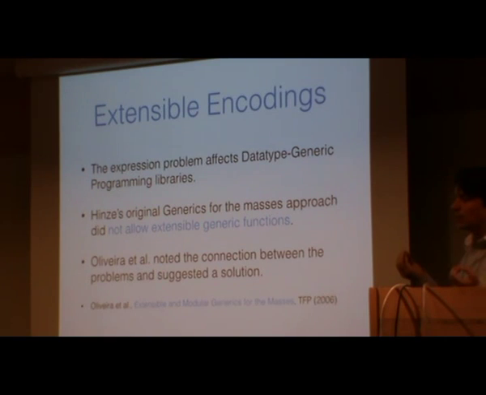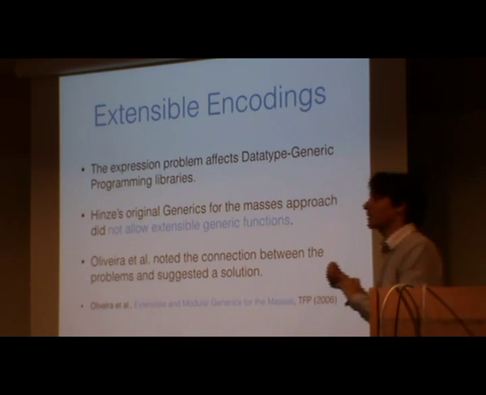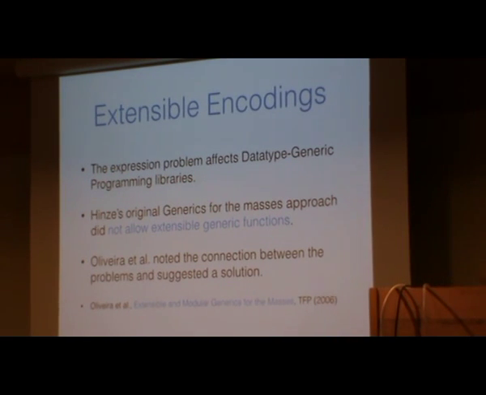But if you wanted to, for example, have an optimized version of the serializer for lists, you couldn't simply extend the generic function to provide you with a special case for the lists. Okay, so this is what I mean here by extensible generic functions. So this would be a useful functionality because maybe sometimes you want to serialize a particular value of a certain data type in a different way.